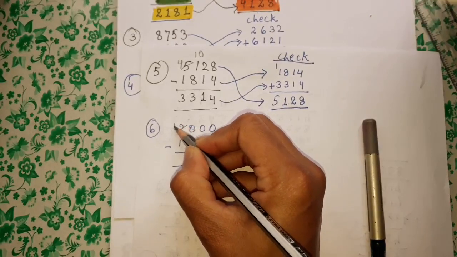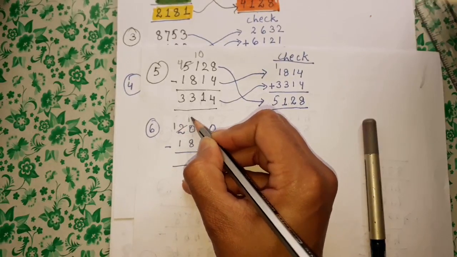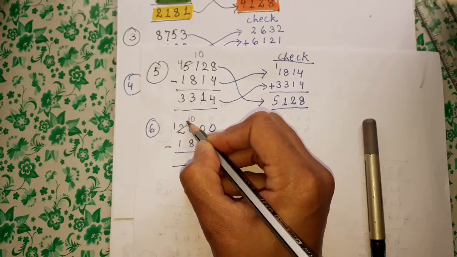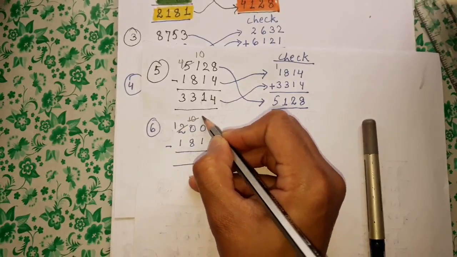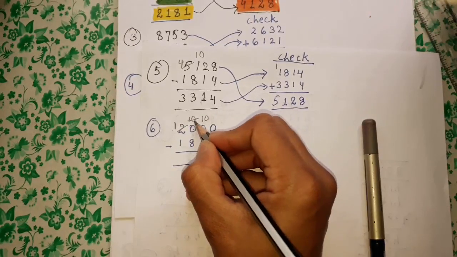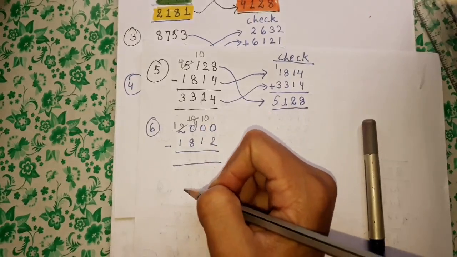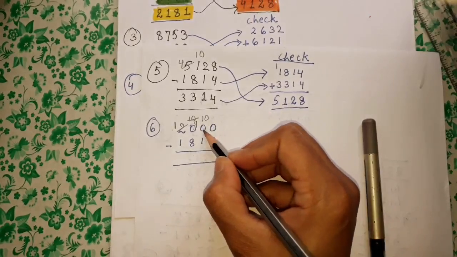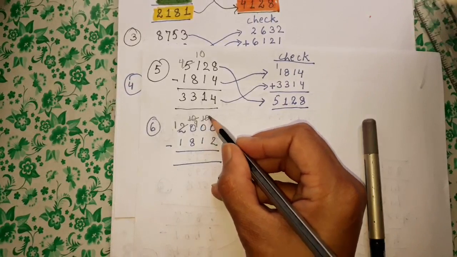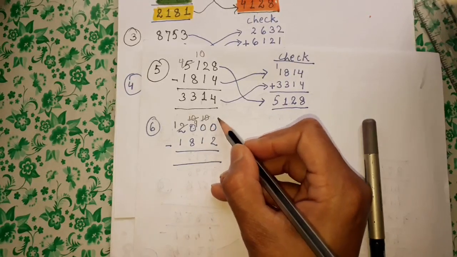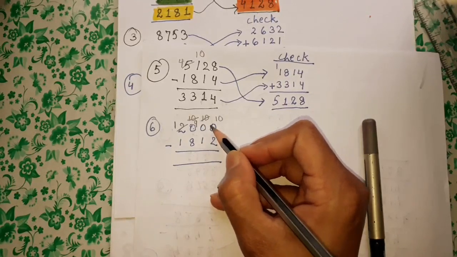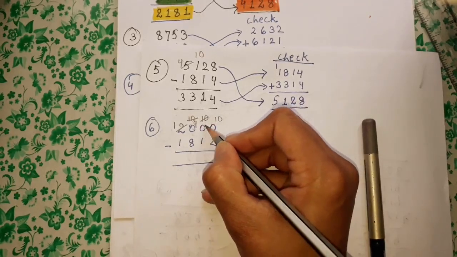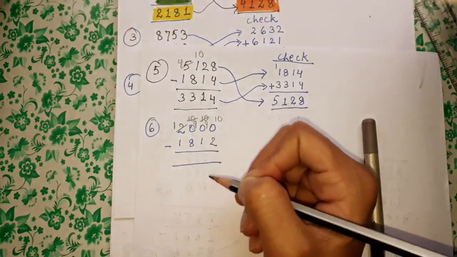Here 2 becomes 1 and it gives 10. And hundreds gives 10 to tens. So here hundreds becomes 9. Again here 10, when tens give 10 to ones, at tens place we get 9.